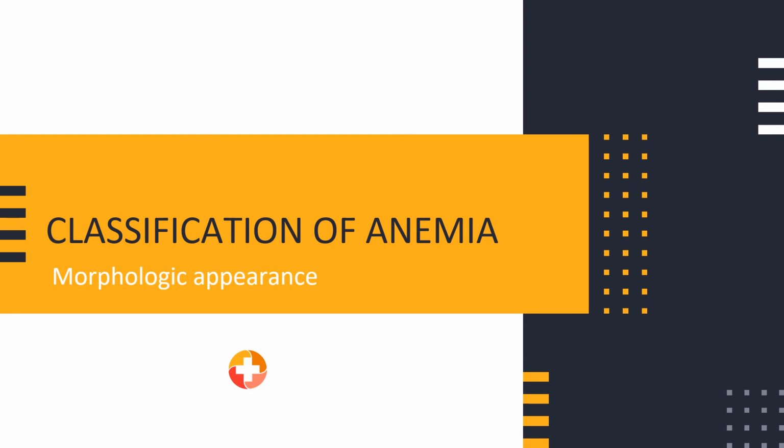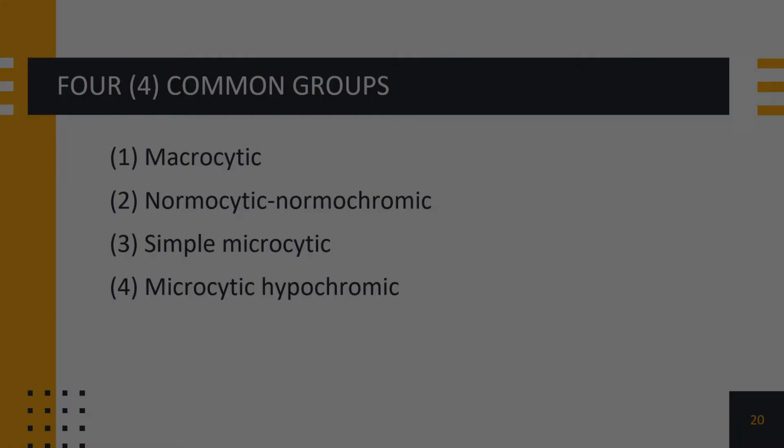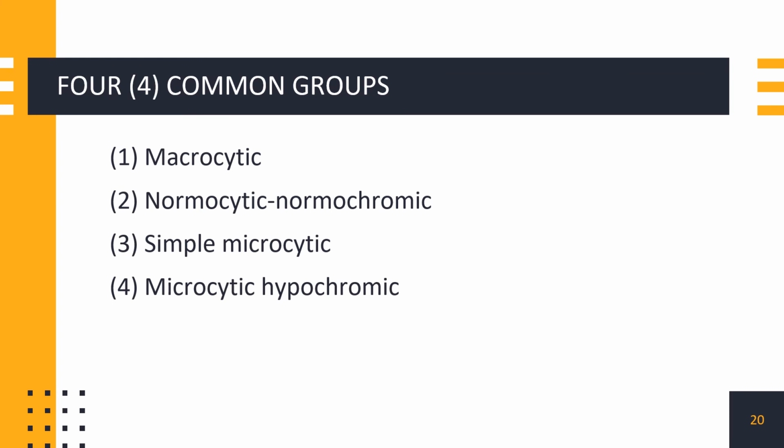Now let's proceed to the classification of anemia based on the morphologic appearance. There are four common groups in the anemic classification. They can either be macrocytic, normocytic normochromic, simple microcytic, or microcytic hypochromic.